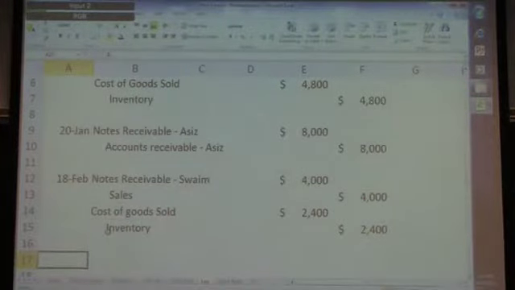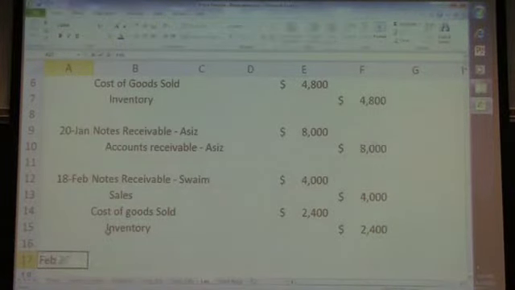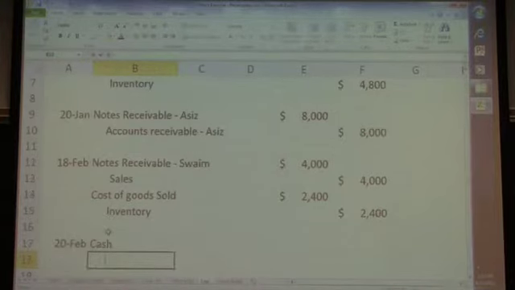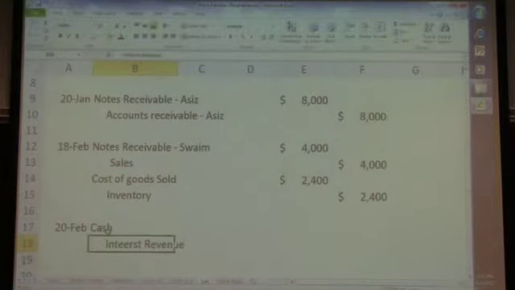So this is February the 20th. They have received the cash for the interest, and you will be crediting the interest revenue. And remember, the amount that is outstanding is $8,000.